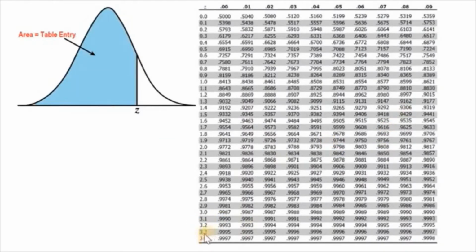We'll be looking at row 3.3 and the 0.04 column. So the area will be this number, 0.9996.